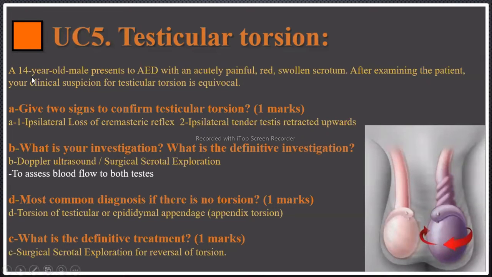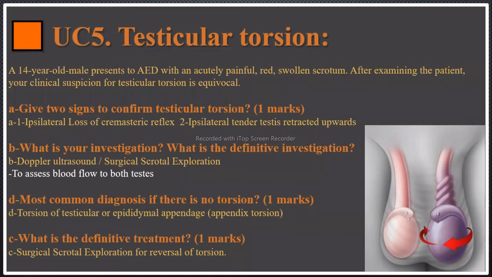They can give you, for example, a 14-year-old patient with an acutely painful, red, swollen scrotum. So it's testicular torsion until proven otherwise. After examining the patient, clinical suspicion for testicular torsion is equivocal. What does equivocal mean? Could be, suspected, 50-50.